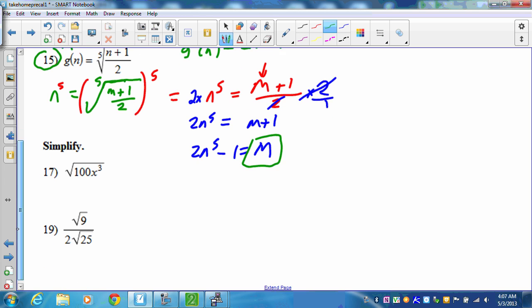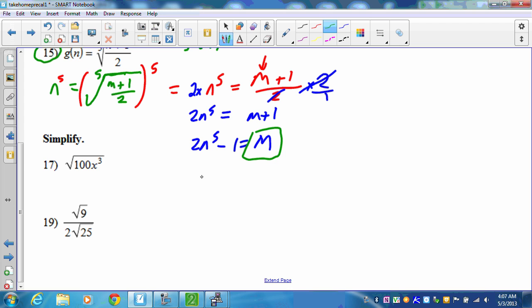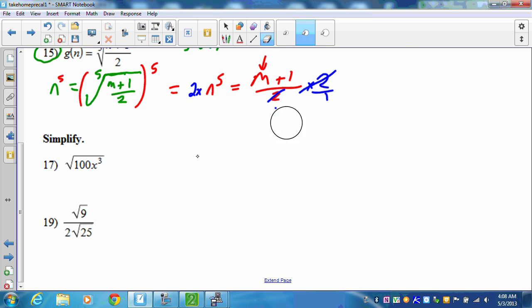Number 17 and number 19 should be fairly straightforward. We'll just review a few things on this one. Number 17 is when you're taking the square root, of course, let's understand that there's a second root, I suppose. So we're looking for numbers that can multiply by themselves to become the square root.